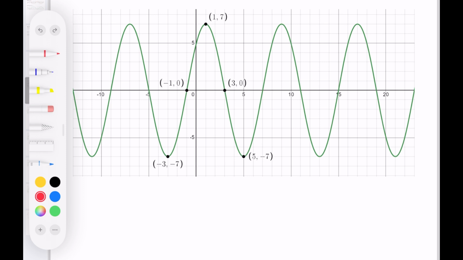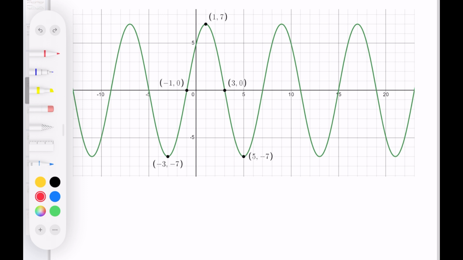If it looks like reflected basic sine curve, we're going to write down an equation using a negative sine function. If the behavior around the selected point looks like the basic cosine curve, we are going to write down an equation using the cosine function. If the behavior around that selected point looks like a reflected cosine curve, we are going to write down an equation using the negative cosine function.